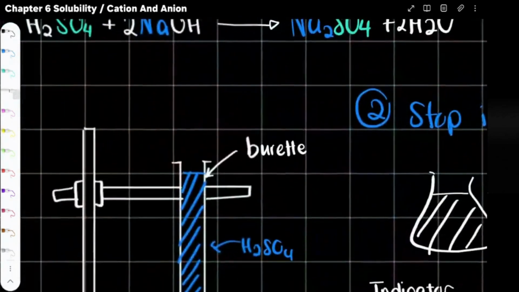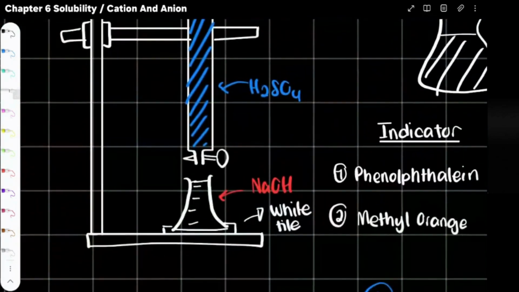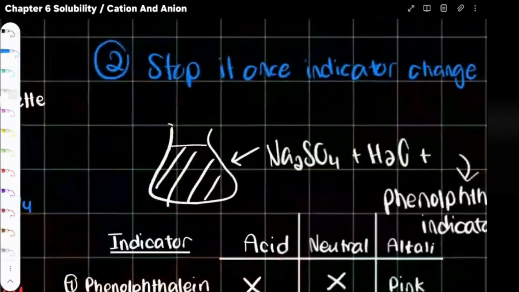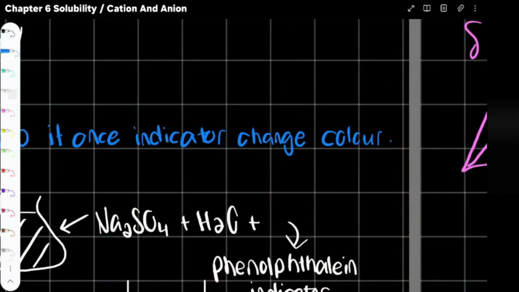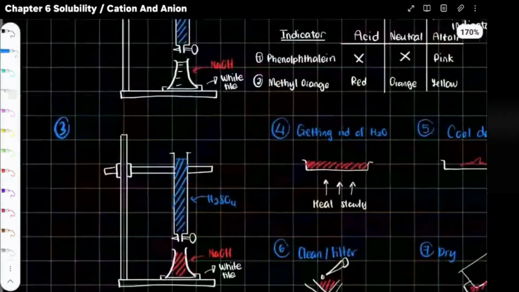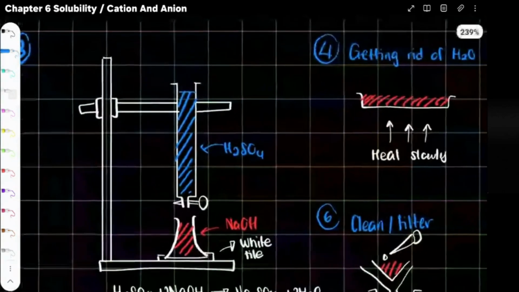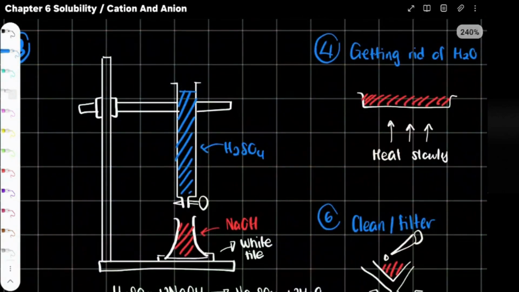Now, the first step is we have to drop it one by one, slowly. Then we have to stop once the indicator changes color. That's the second step. For the third step, we have to do it again. Why do we have to do it again?